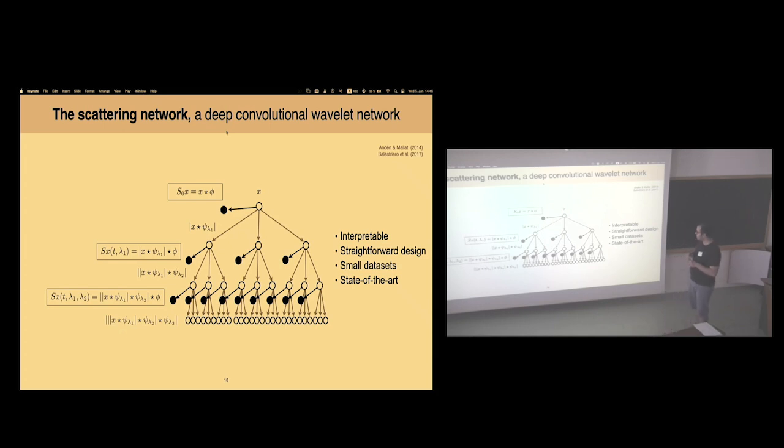This kind of method is very interpretable because we know what our kernels in the network are, it's very straightforward to design, and it can work with a small data set. And actually, the performance is state of the art for audio processing and audio classification.